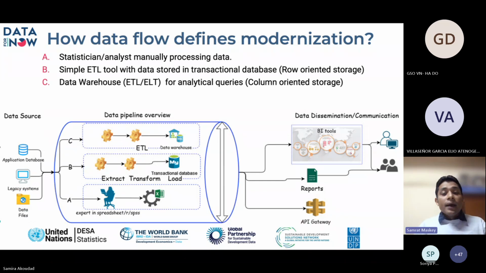So to resolve that, we moved from database to data warehouse. It is basically column-oriented storage that stores the data in different schemas like star schema or snowflake schema.